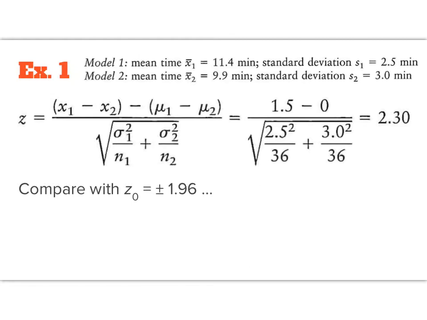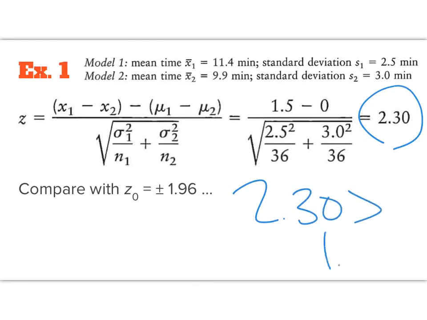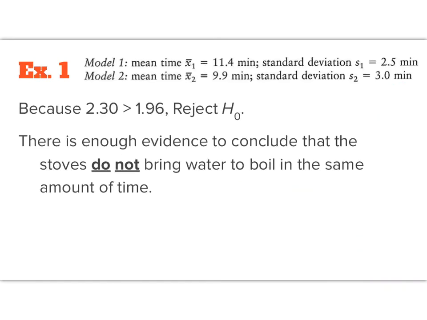When you compare that with the critical values, well, first off, we'll leave the negative 1.96 behind. We know that 2.3 is not less than a negative number. The important part is that 2.30 is greater than positive 1.96. And because of that, we reject the null hypothesis.